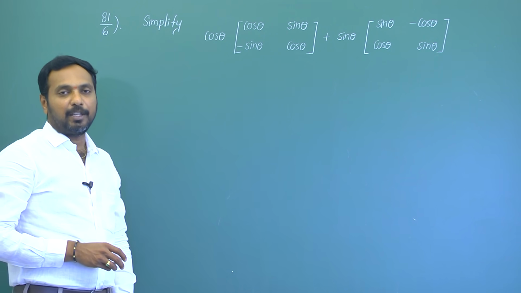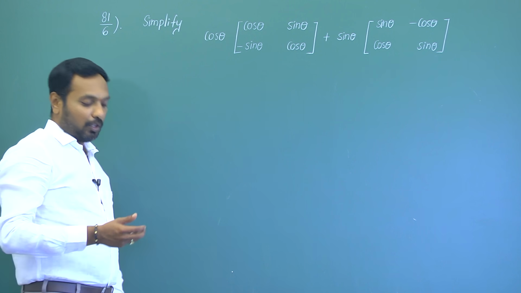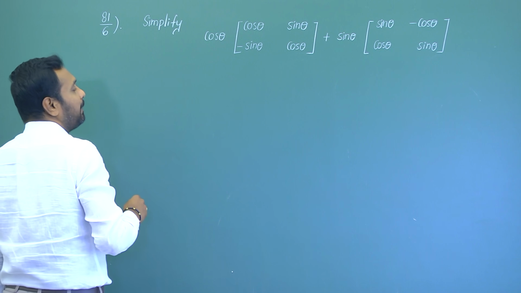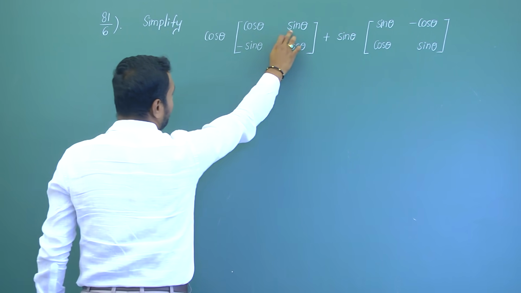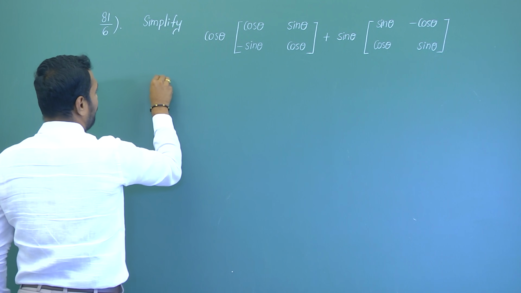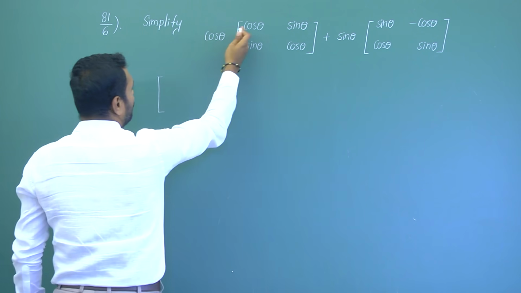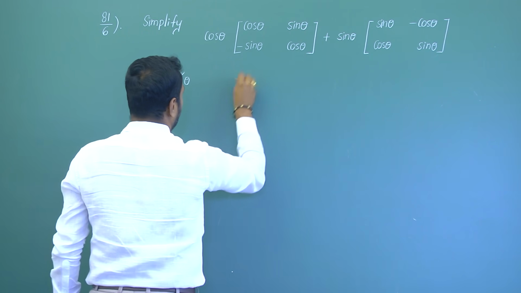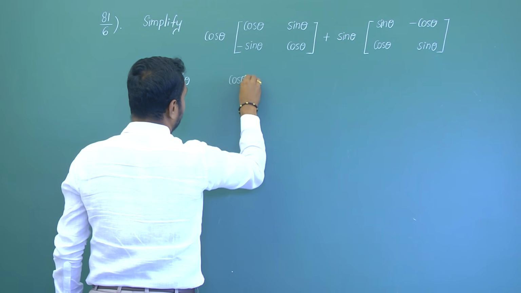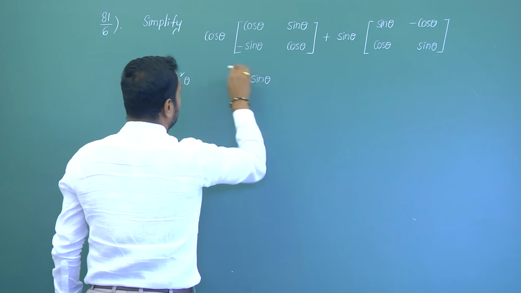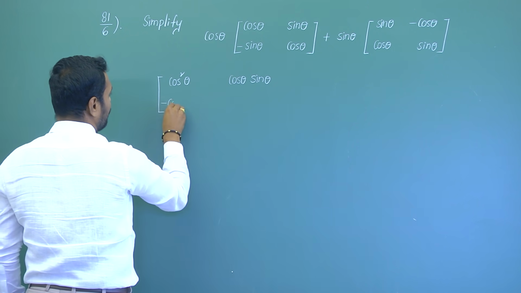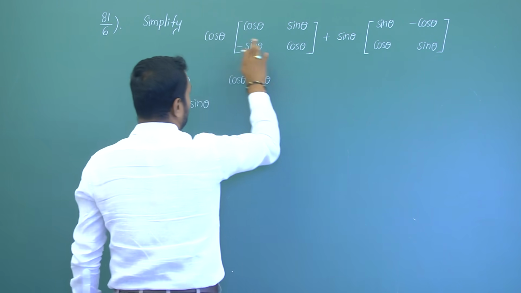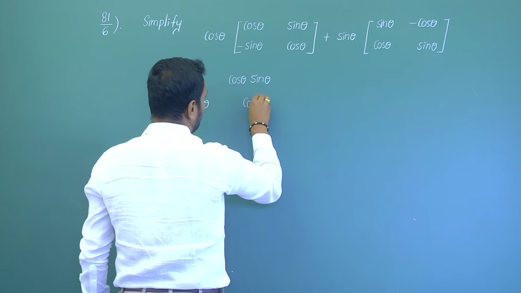Multiplication of a matrix by a scalar, you know, if you take cos theta inside, we need to multiply this cos theta to each and every element of this matrix. If you multiply, then you will get cos theta into cos theta, cos square theta; cos theta into sin theta; next element minus cos theta into sin theta; cos theta into cos theta, cos square theta.